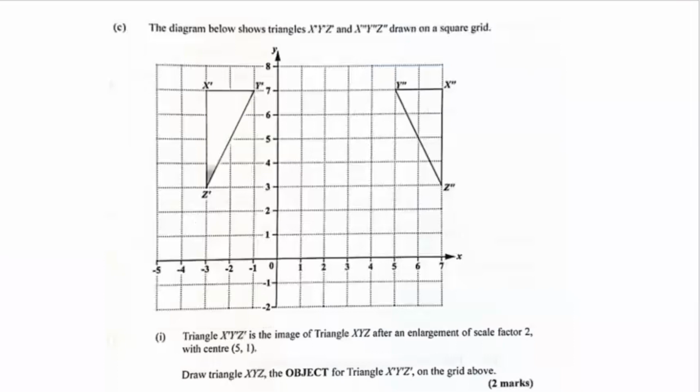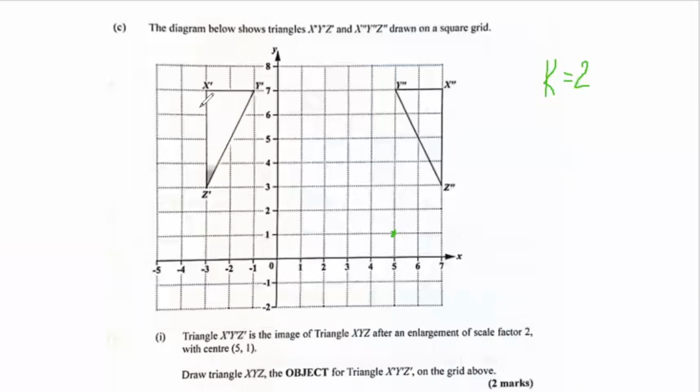So they gave us two very important pieces of information: our center, which is 5, 1, and the scale factor, k, which is equal to 2.